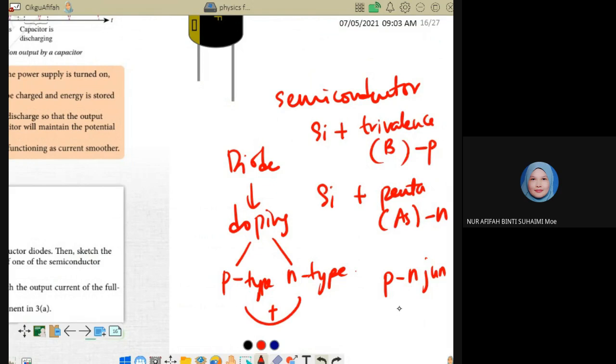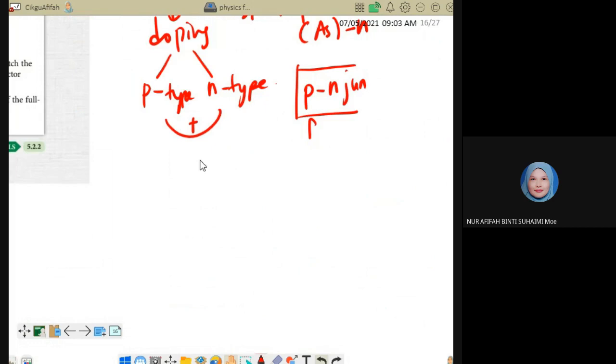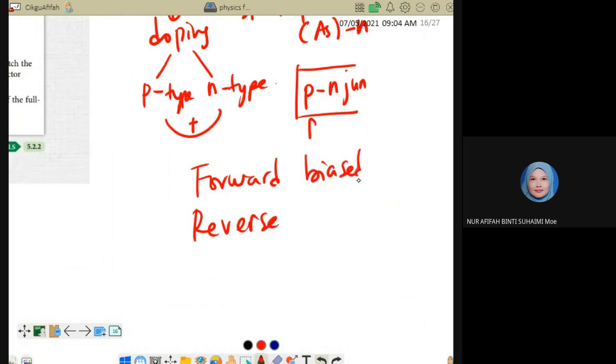If we connect the diode, we have two types of circuit, forward and reverse bias. In forward bias, the current can flow, because the depletion layer between the P-N junction becomes thinner. In reverse bias, no current flows, because the depletion layer between the P-N junction becomes thicker. That's why the current cannot flow.